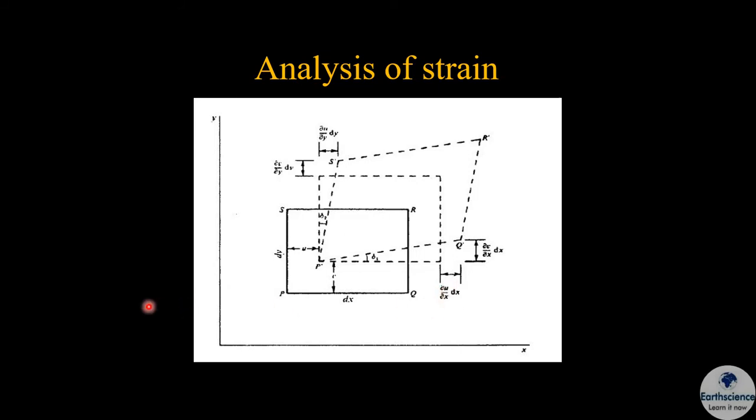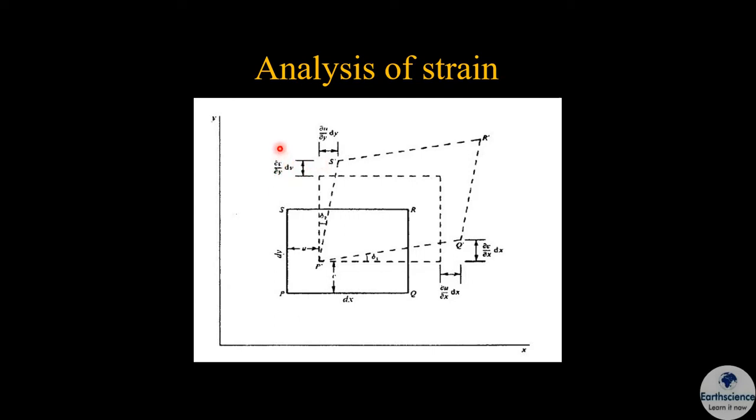If we apply it in the x direction, the corresponding change is also in the x direction. That is nothing but normal stress, and this is normal strain du by dx. Similarly, if we apply a force in the y direction, the corresponding change is also in the y direction. Then it is the normal stress, and the normal strain in the y direction is dv by dy.